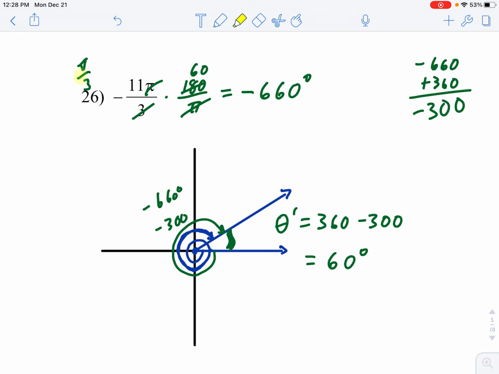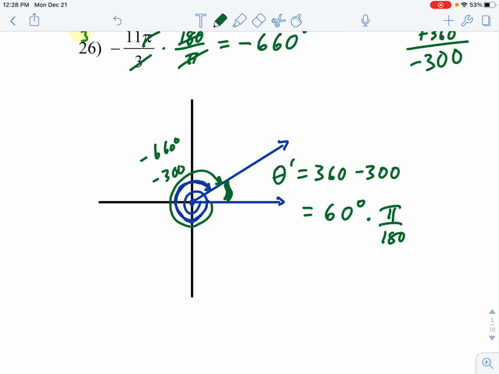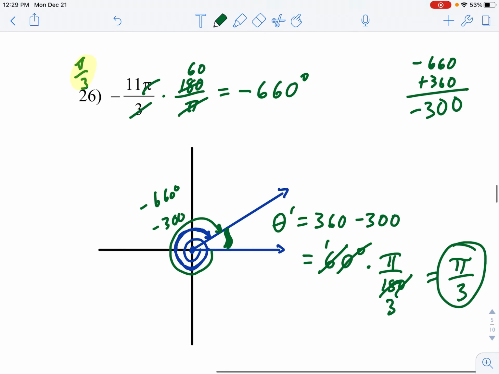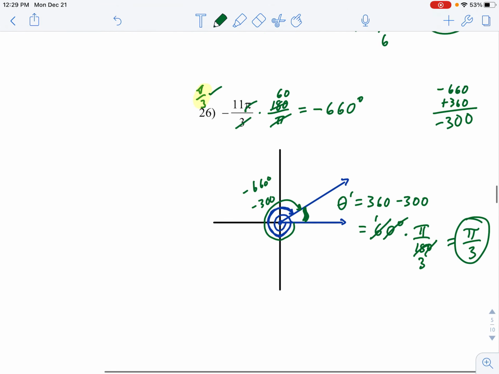But our answer has to be in radians, so I'm going to multiply by pi over 180. Again, use the calculator if you're not so great with fractions. I can cancel the zeros by reducing by 10. And then 6 goes into 180 3 times. That leaves me with 1 times pi on top and just a 3 on bottom. So there I do get my pi over 3 answer.